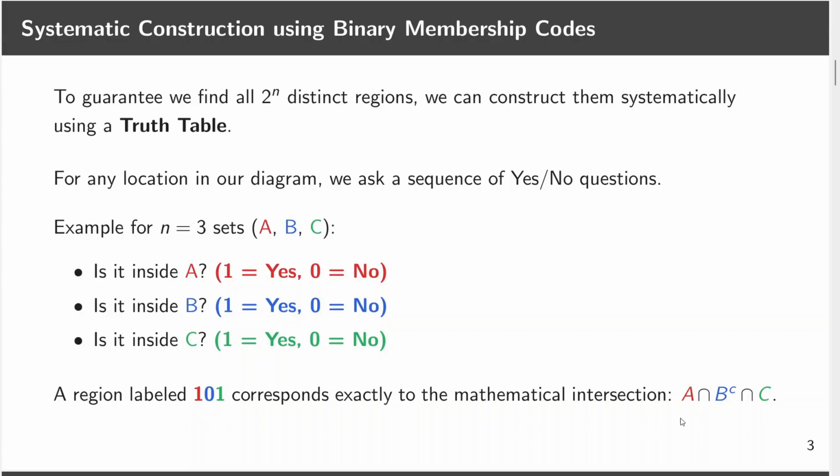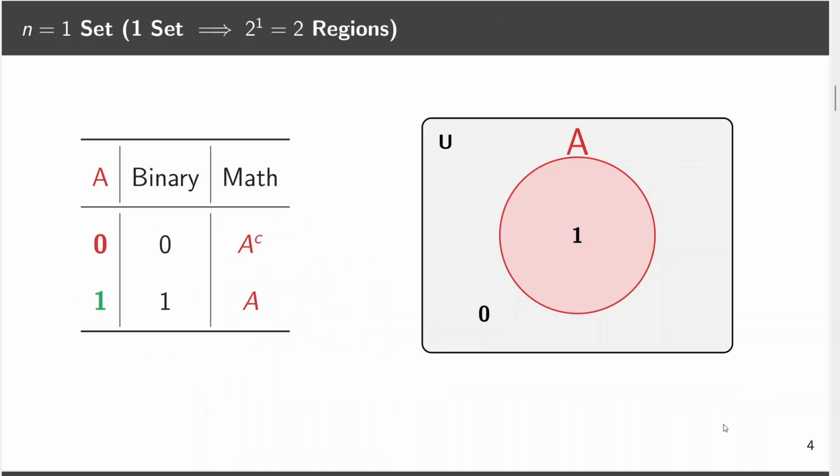Specifically, it is A intersect B complement intersect C. Let's say that in plain English, the region that belongs to A and does not belong to B and belongs to C. The code 101 captures all 3 of those conditions simultaneously. This idea of using binary codes to systematically label every region is the engine that makes Venn diagrams rigorous and complete.